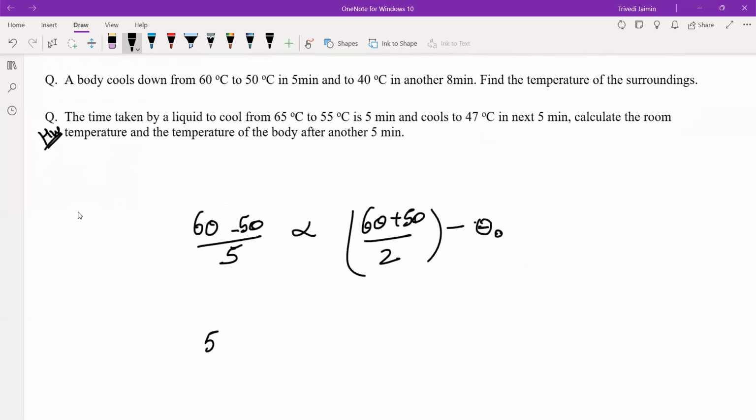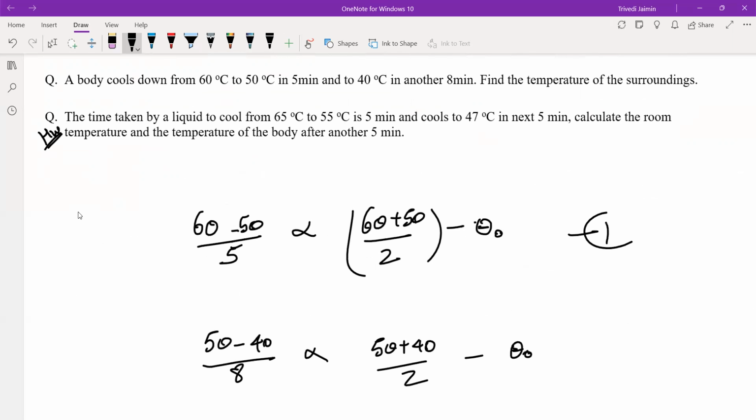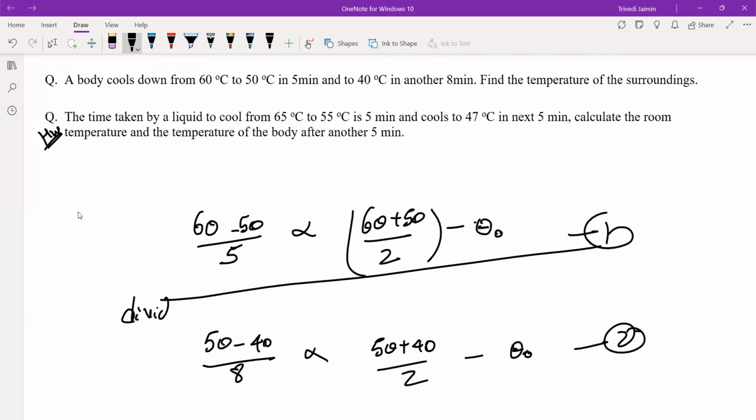Same way, 50 minus 40 by how much minute? 8 proportional to 50 plus 40 by 2 minus theta naught. So from here we'll get equation number 1. From here we'll get equation number 2. We will divide them. Now you can get it, I guess so, right? Yes, sir.